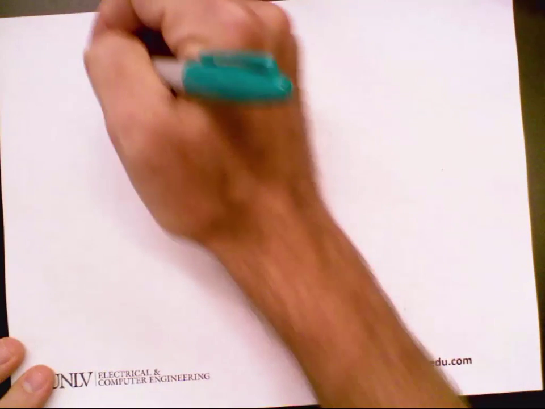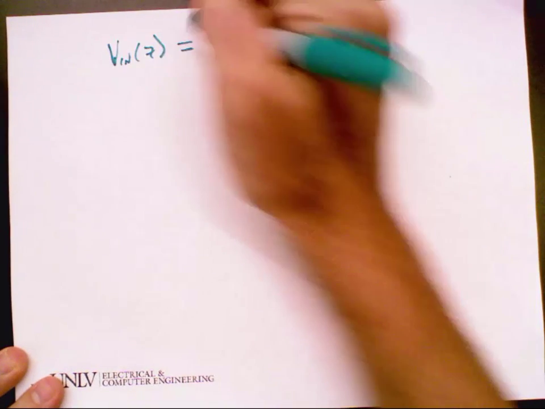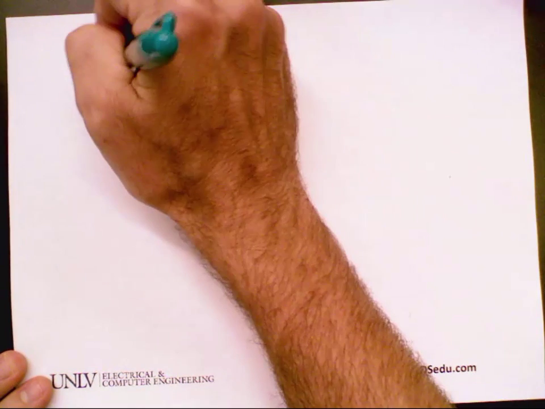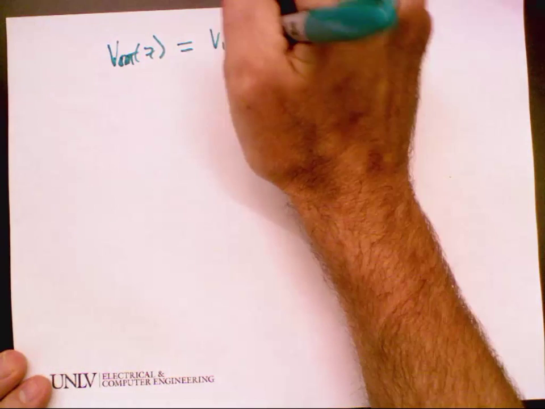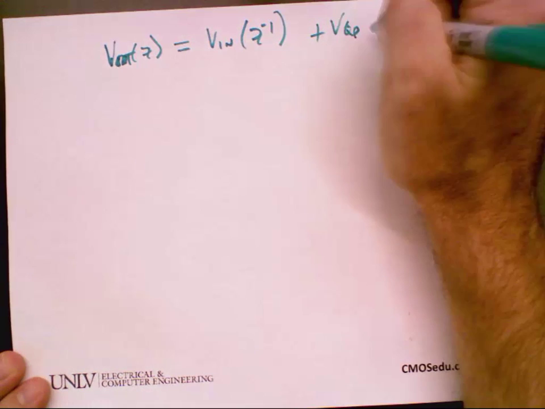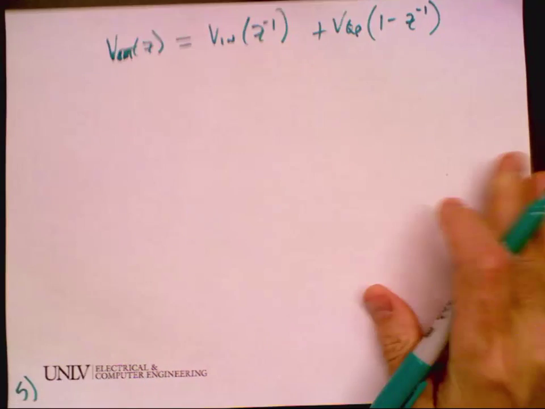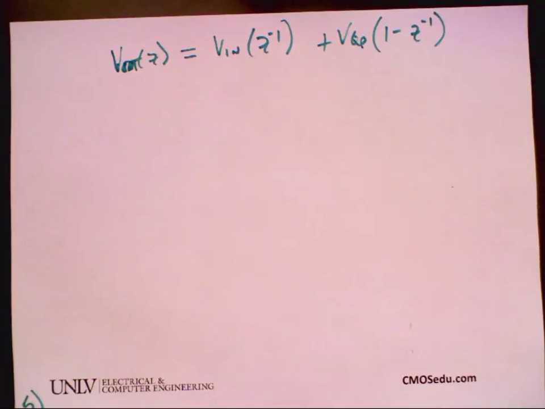So we had V out is equal to V in times Z to the minus 1 plus VQE times 1 minus Z to the minus 1. Here's where I'm like forest for the trees. Write this equation in the time domain.